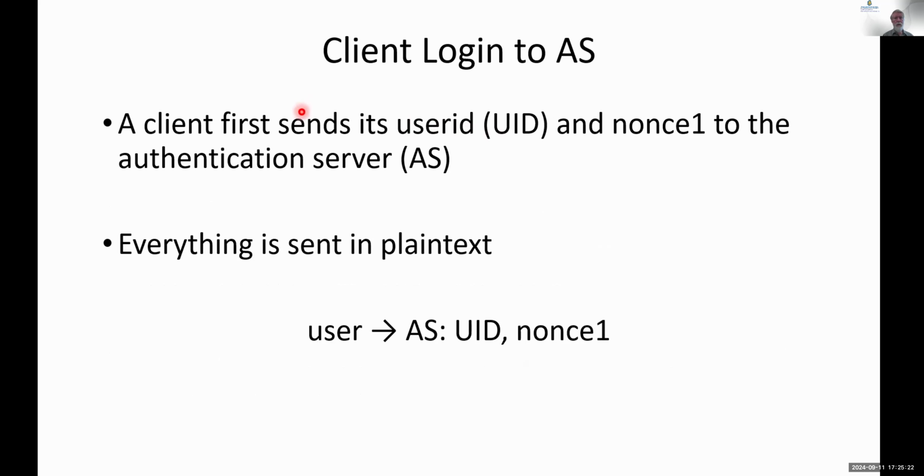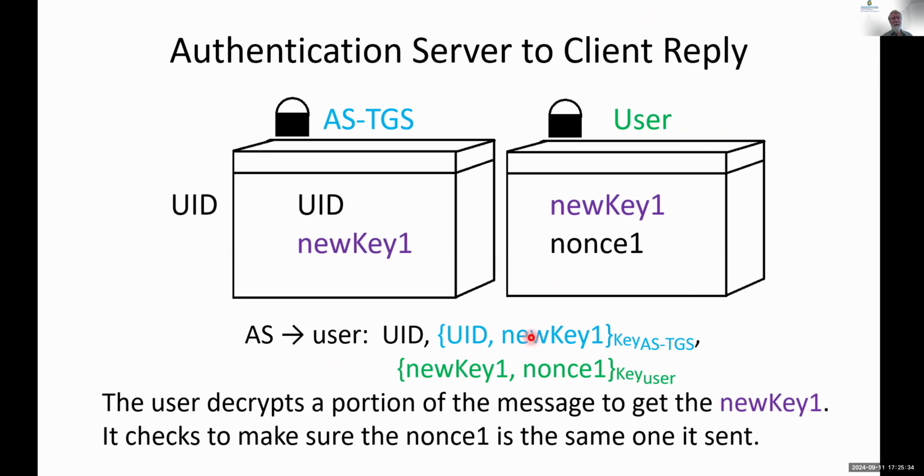To connect to the authentication server, you just send a message saying, hi, authentication server. Here's my user ID, and here's one of those nonces. It doesn't have to be encrypted. Just send it on. The authentication server sends back two encrypted things. One is encrypted with the user's key.